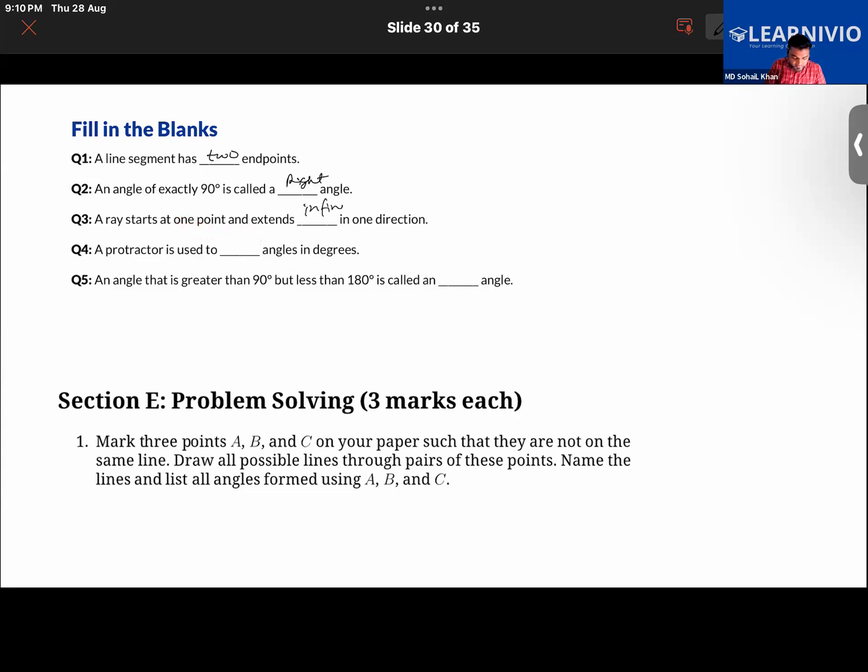Next, a protractor is used to measure angles, or you can say draw also. Both of them are correct, by the way. An angle greater than 90 degrees is an angle that is obtuse. Good. Habib, were you done with the given question or not?